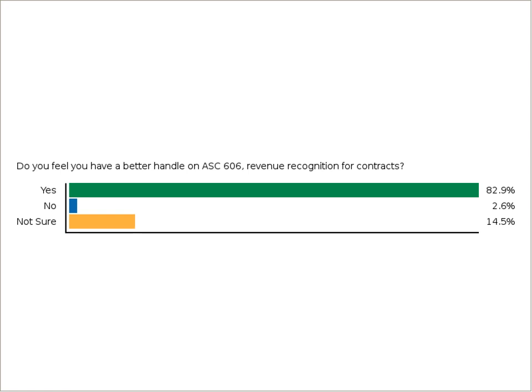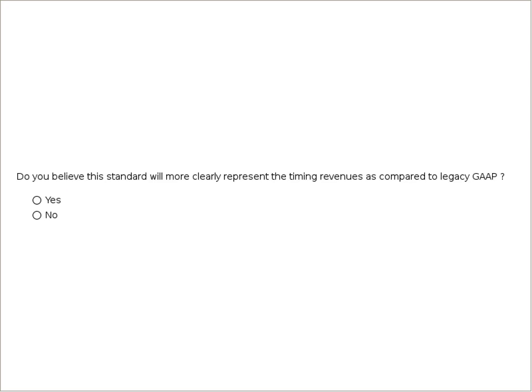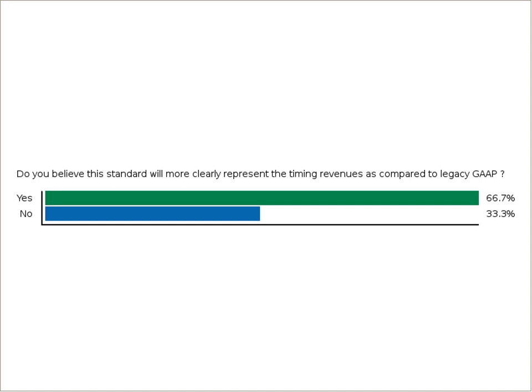Thank you very much for your answers. We actually have another polling question as well. Do you believe this standard will more clearly represent the timing of revenues as compared to legacy GAAP? Yes or no?